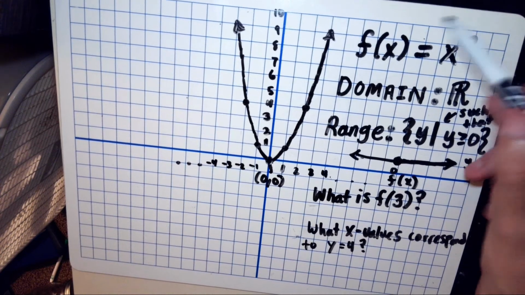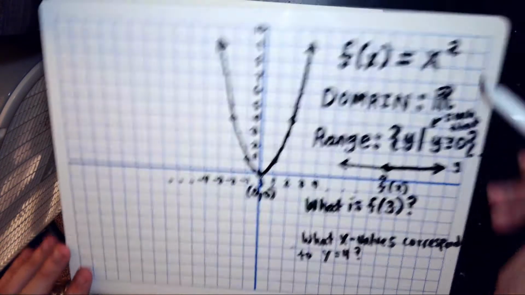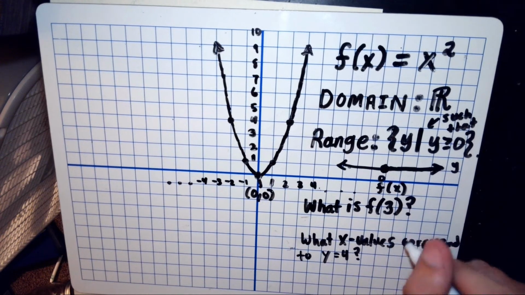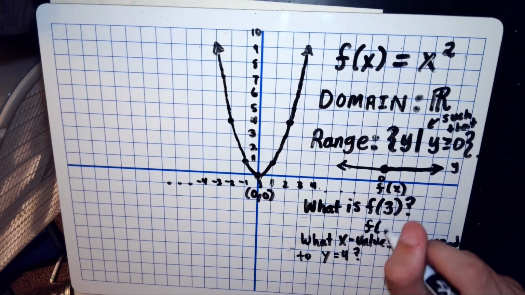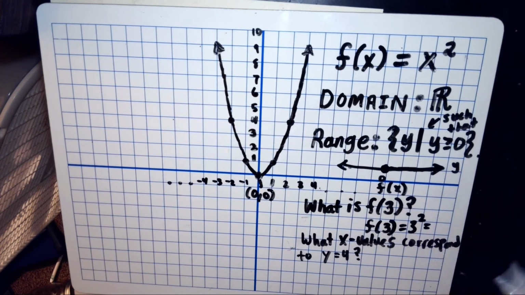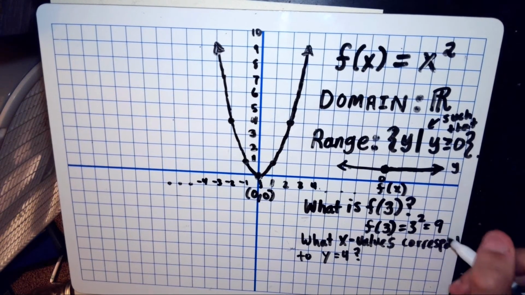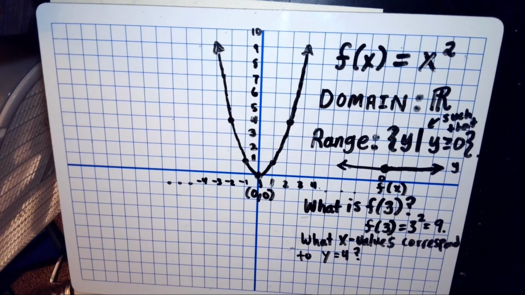Our formula says take x and square it. So we're going to take 3 and square it. So f of 3 is 3 squared, and that's the same as 3 times 3, which is 9. So we've determined f of 3 is 9.